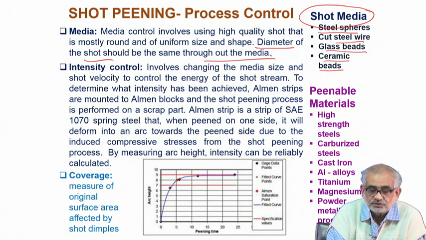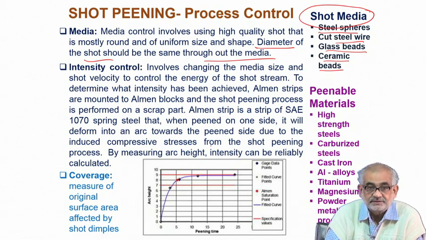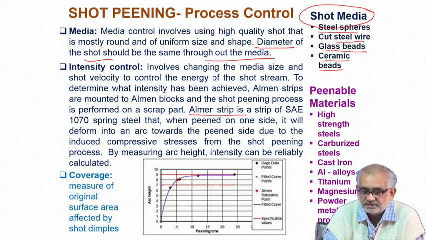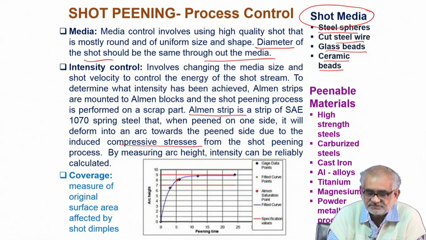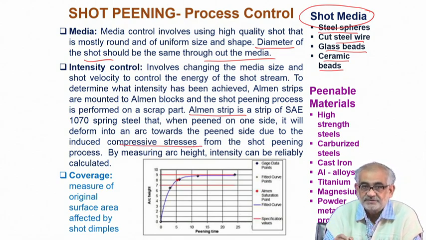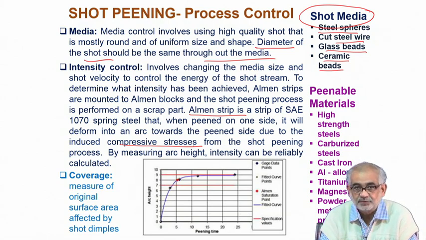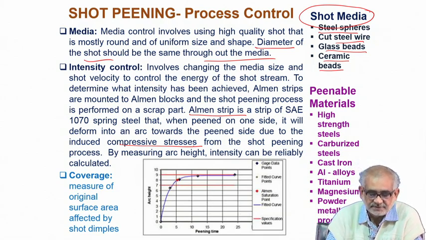Now, we control the intensity by applying certain empirical relationships, which are created by using the so-called Almen strip. Essentially, you have a steel strip on the surface, and by way of hitting by these shots, the strip bends towards the impacting side, and by looking at the angle of bending, we can make an educated guess about the amount of compressive stress that we are creating, and accordingly we can manipulate the velocity and hence the momentum with which these shots are impacting the surface.